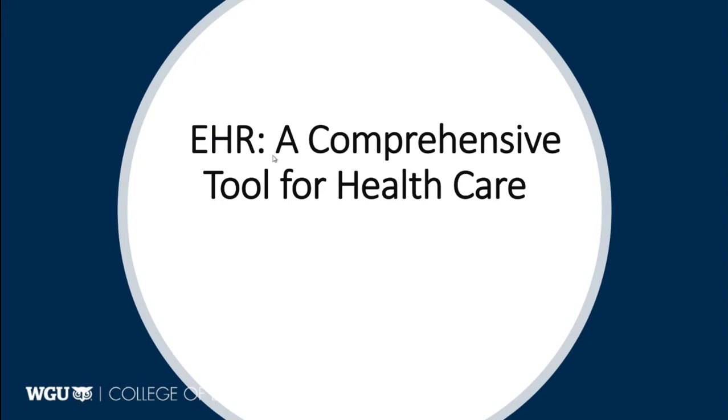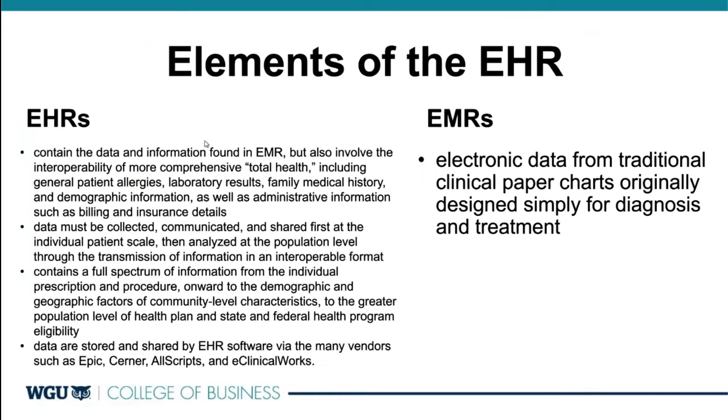Okay, let's look a little bit at the electronic health care record. There is a distinction between EHRs and EMRs, the electronic medical record and the electronic healthcare record. Mostly what we hear now is the electronic healthcare record.